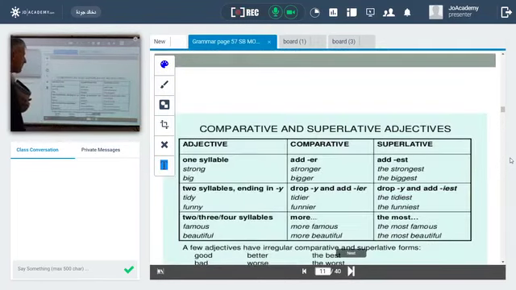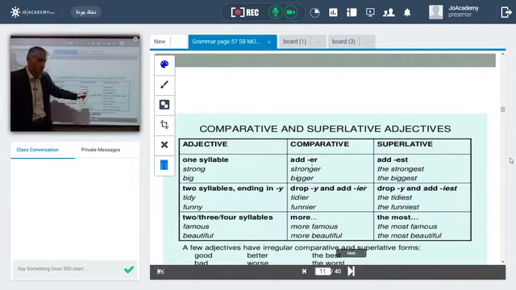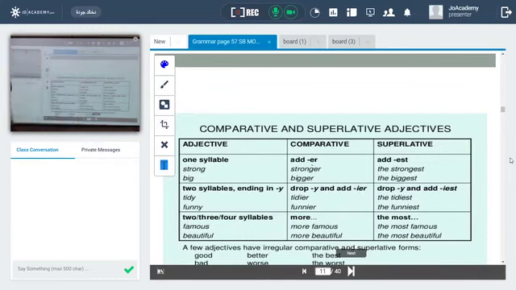Okay. Comparative and superlative adjectives. We will also talk about something called the superlative, but later on. If the adjective is one syllable, we add er to the end of the adjective. Like the adjective strong becomes stronger. We added er to the end of the adjective, and the adjective big becomes bigger than. Two syllables ending in y, like tidy, funny.